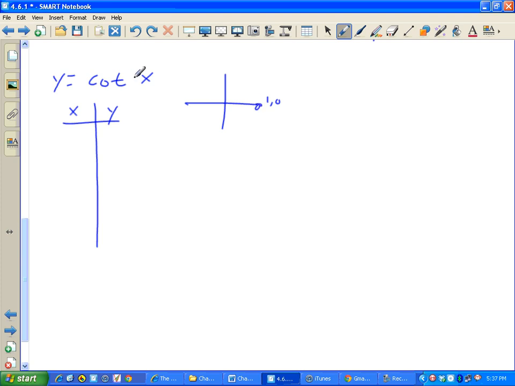So if I put 0 into my cotangent, that is going to be when my function is undefined, because I'm taking 1 divided by 0. So that's actually going to be where the asymptote is. So cotangent starts with an asymptote here. My period is still pi away, so at pi, I'll have my other asymptote.